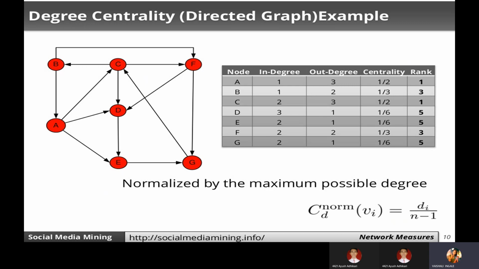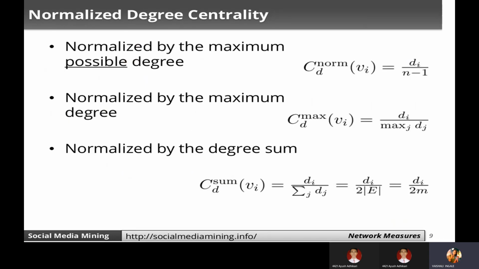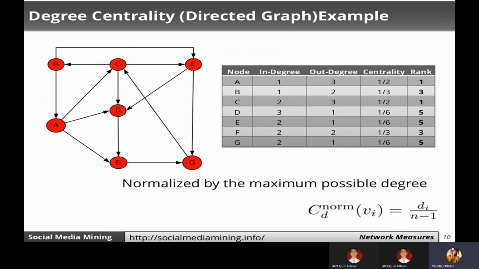Once we find the in degree and out degree of a particular node, we will find out the centrality of that node. Now the normalized centrality, as we had seen in the previous slide: normalization is done by taking the maximum degree of the other nodes, or by the summation of all the degrees, that is twice the edges, or by normalizing by the maximum possible degree.